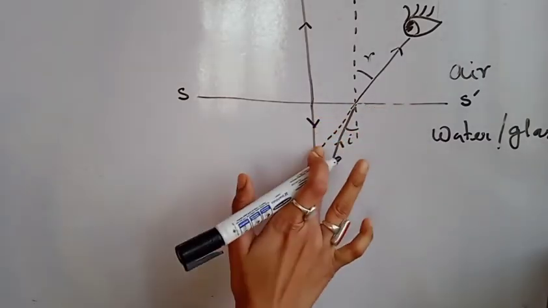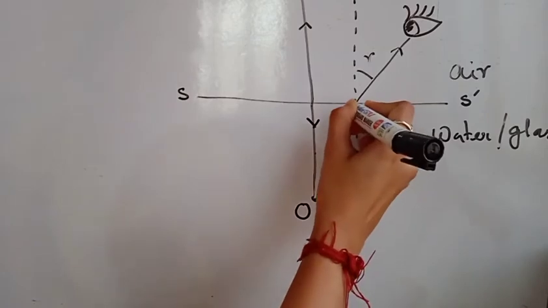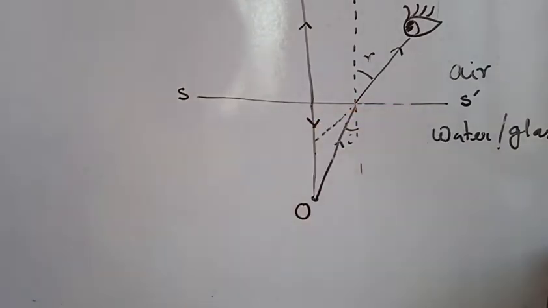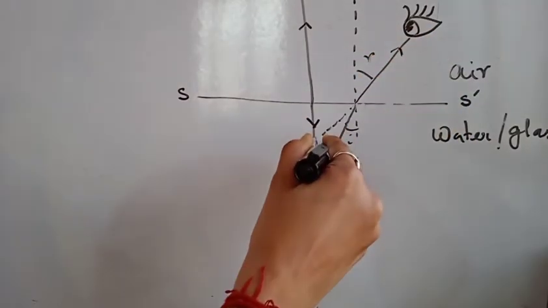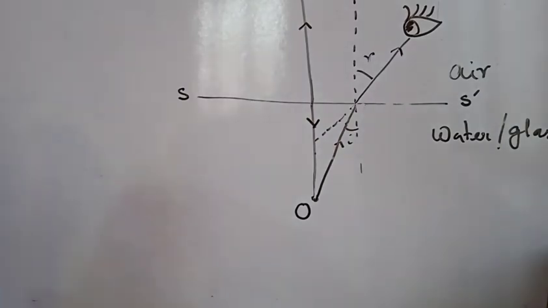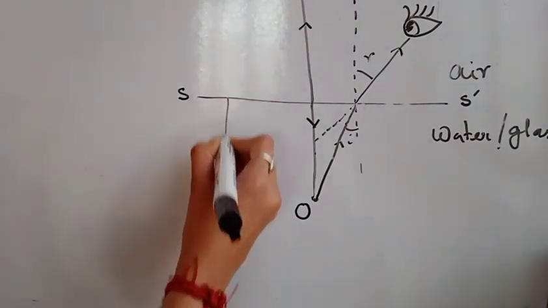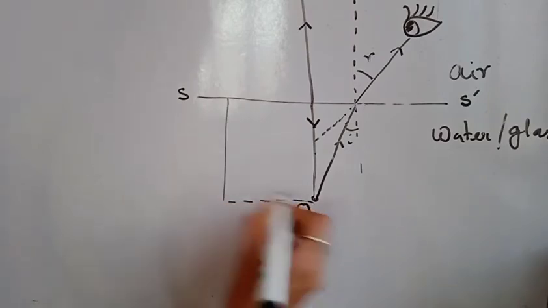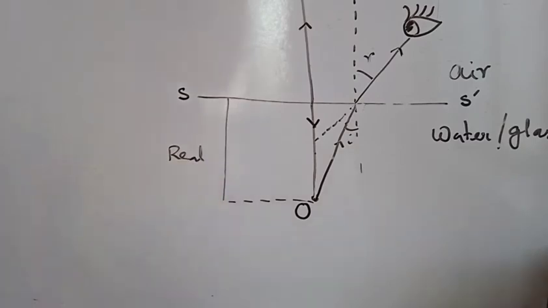I will draw it straight from this. This line should be straight. As I can see this straight line, my eye can follow. So here we can see that this position is the real depth of the object.